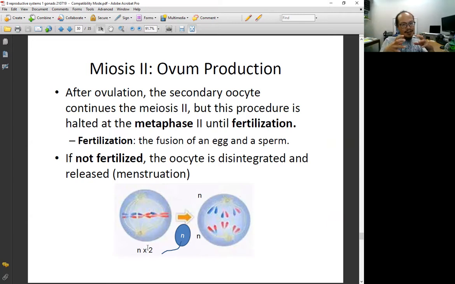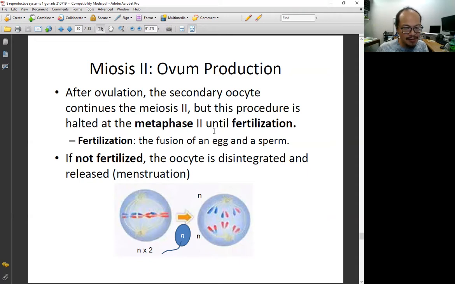One of the daughter cells will take all the cytoplasm, as well as the nutrients and organelles, to fuse with the sperm. The other one will be the second polar body, and it will degenerate. So the second meiosis happens after the fertilization.